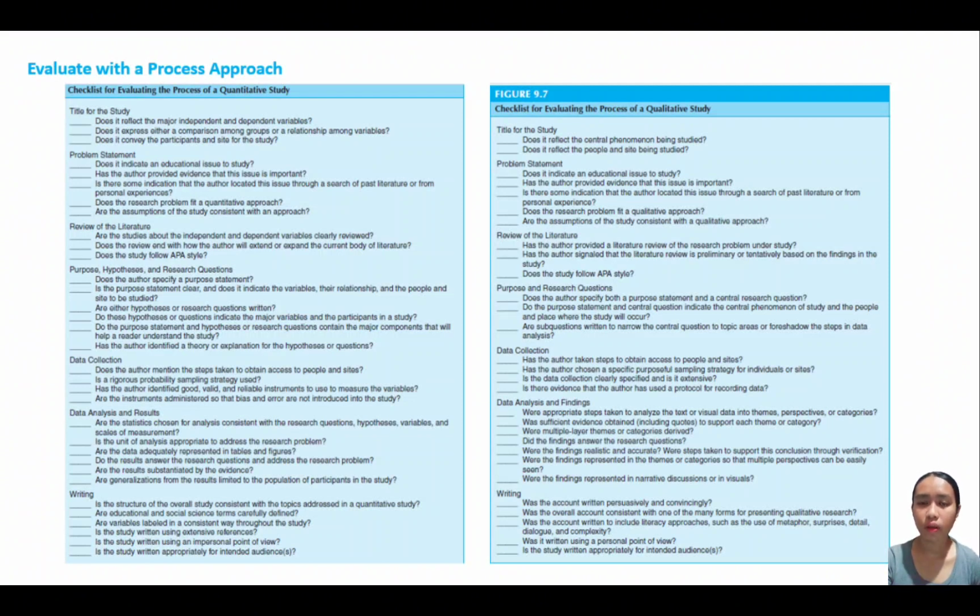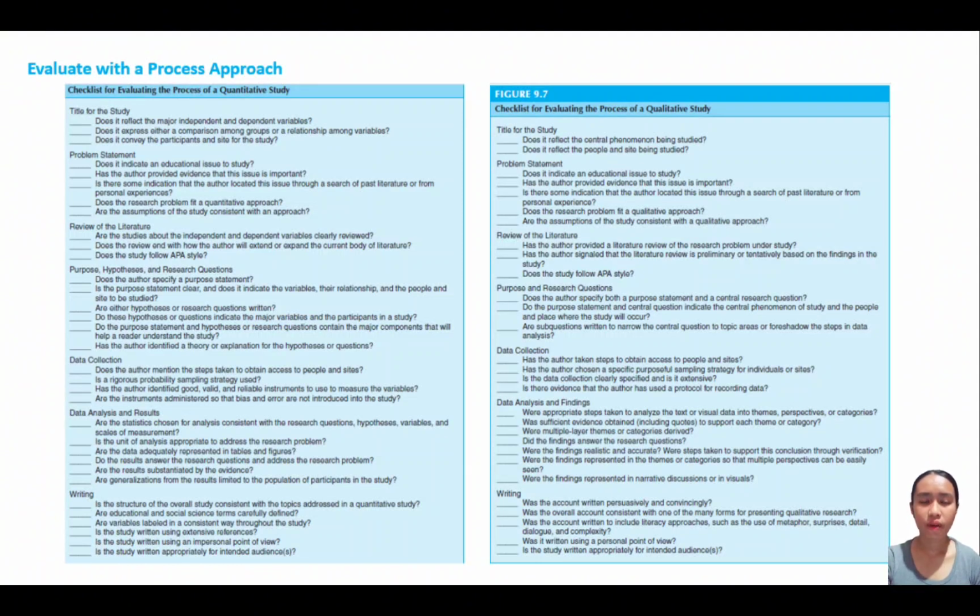In evaluating the process of a qualitative study, a thorough checklist covers critical aspects to ensure methodological rigor and clarity in reporting. This checklist encompasses key areas such as the study's title, the problem statement, review of the literature, purpose and research questions, data collection, data analysis and findings, and the writing.